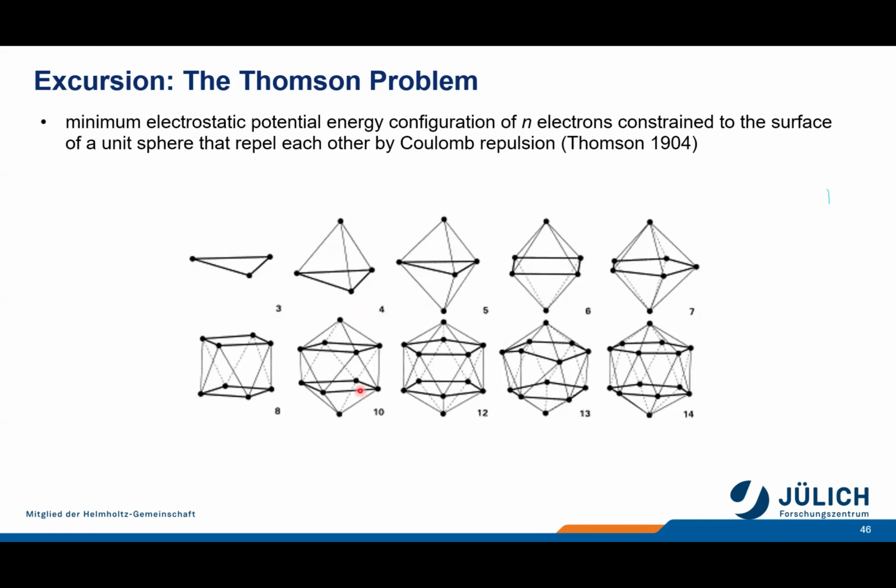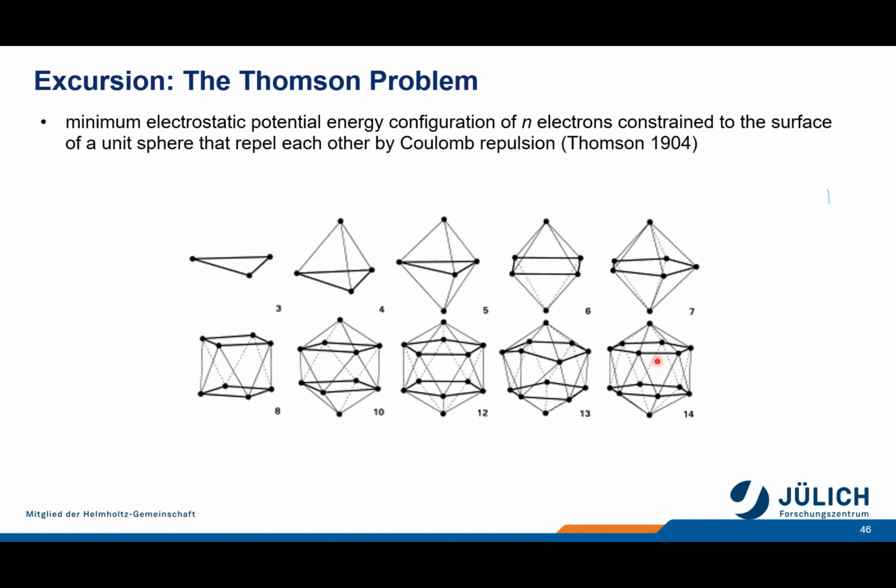Now, if you go on, then you see that for 10, 12, 14, you get exactly the same bipyramids that we propose for the packing of quasicrystals. So this seems really like the same idea. You have a repulsion here of electrons or of repulsive soft particles, and they try to get these local arrangements to minimize their repulsive energy.